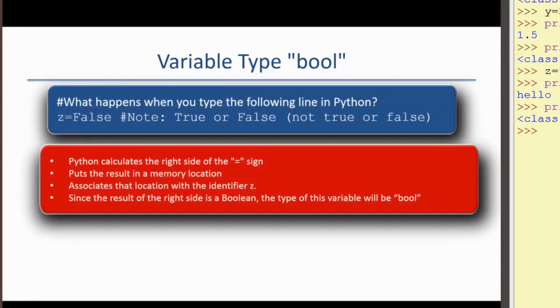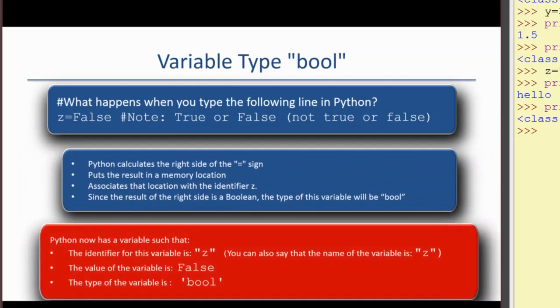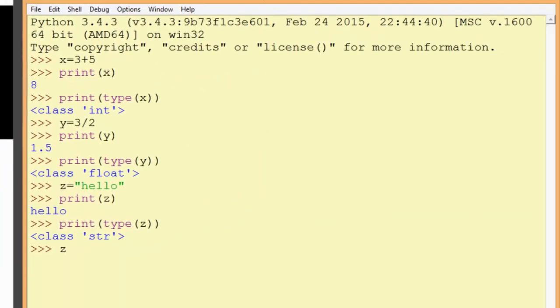Python calculates the right side of the equal sign, puts the result in the memory location, associates that location with the identifier z, and since the result of the right side is a Boolean, the type is bool. Again, we have a variable called z. The value of the variable is False, again with capital F, and the type of the variable is bool. So let me do this here.